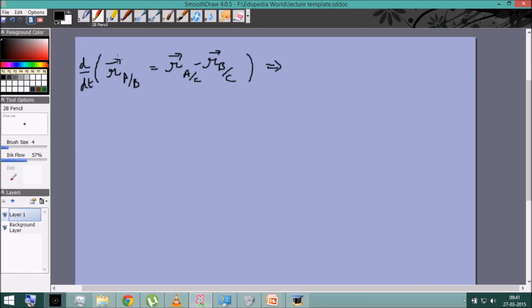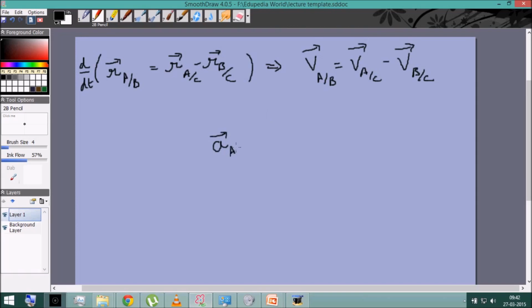What that says is d of R A with respect to B by dt is equal to d R of A with respect to C by dt minus d R of B with respect to C by dt. How do we differentiate a vector? We simply differentiate its components. We've seen that earlier. So what this gives us is V of A with respect to B, that is the velocity now, is equal to V of A with respect to C minus V of B with respect to C.